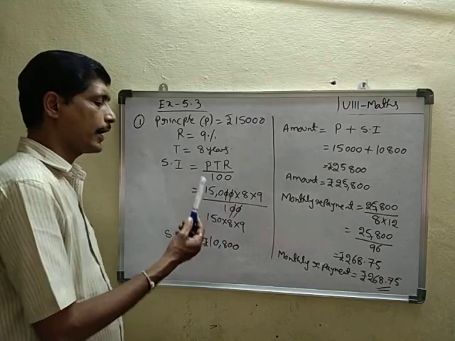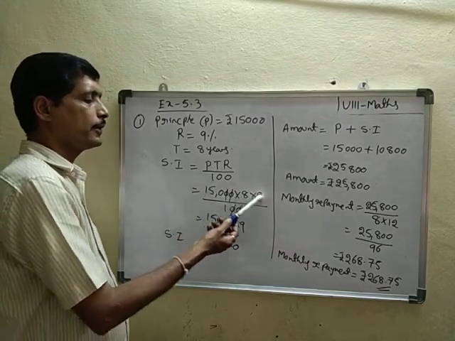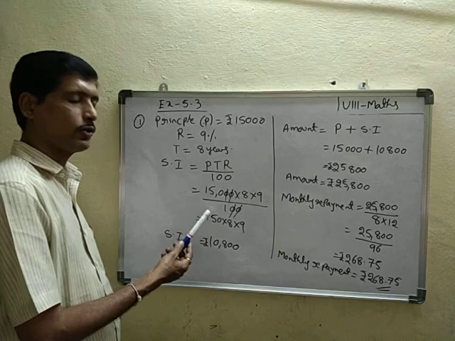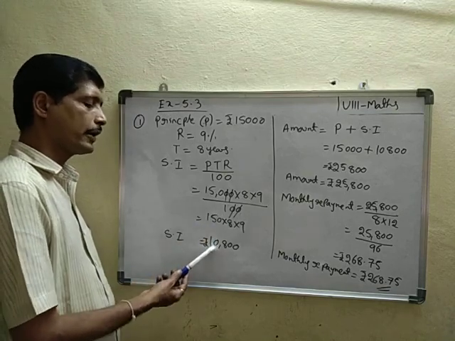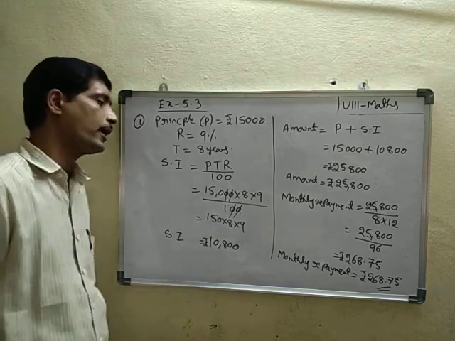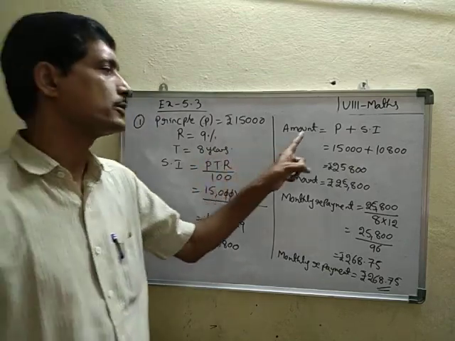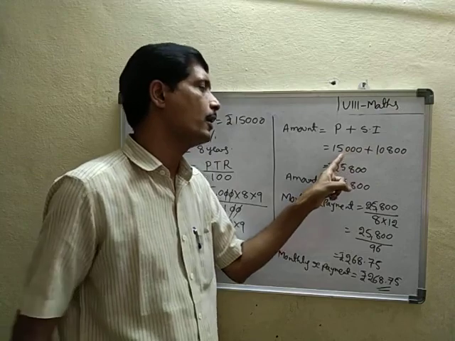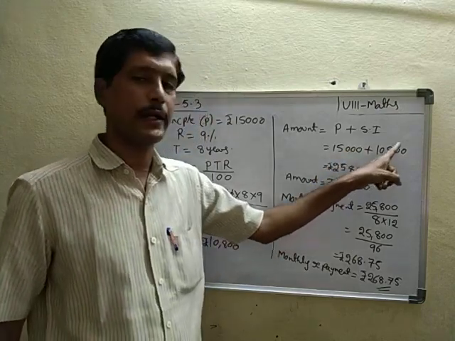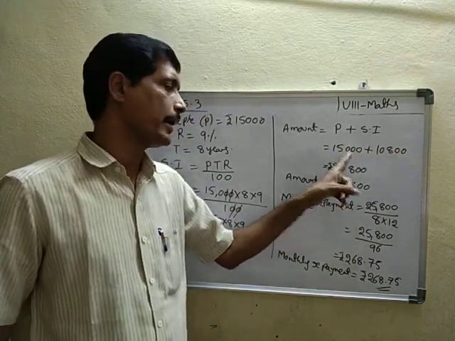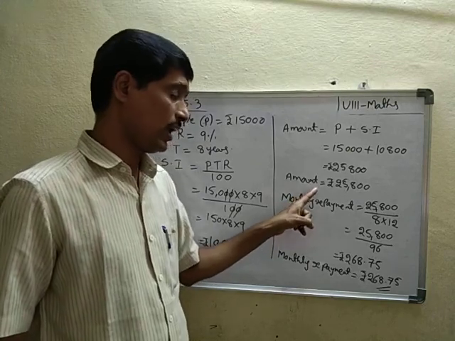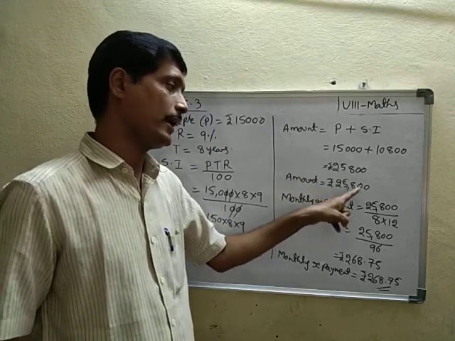Here two zeros get cancelled: 150 into 8 into 9. 150 into 8 is 1200. 1200 into 9 equals 10,800, that is the simple interest only. Next, amount equals principal plus simple interest, 15,000 plus 10,800, that equals 25,800.